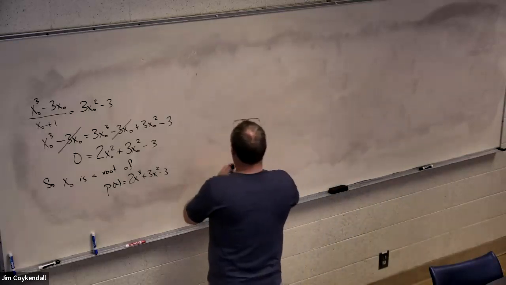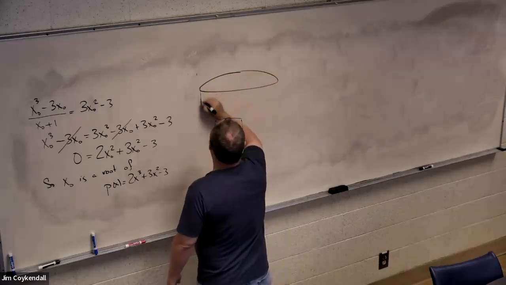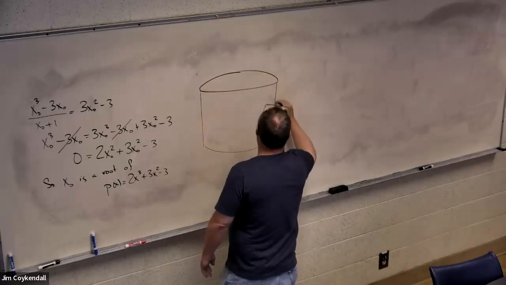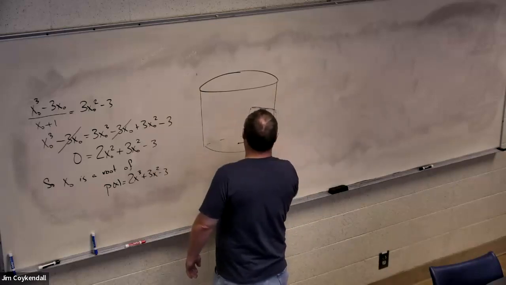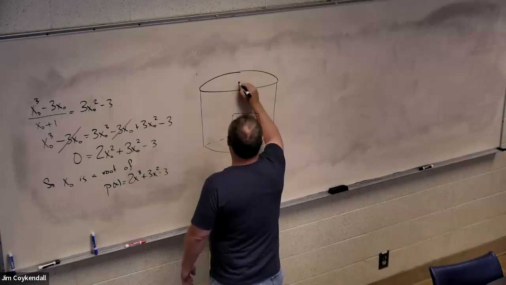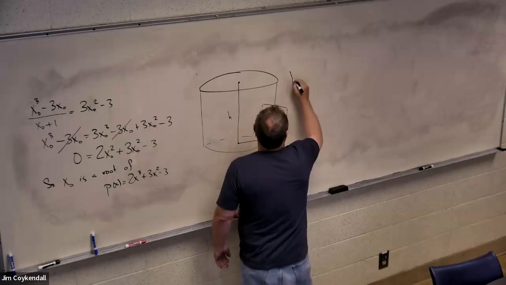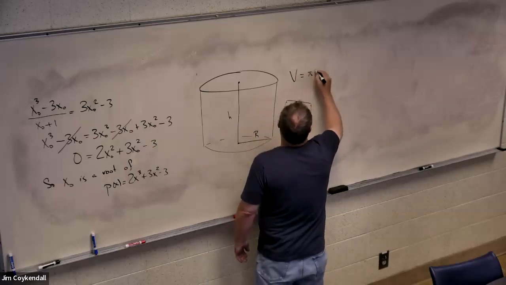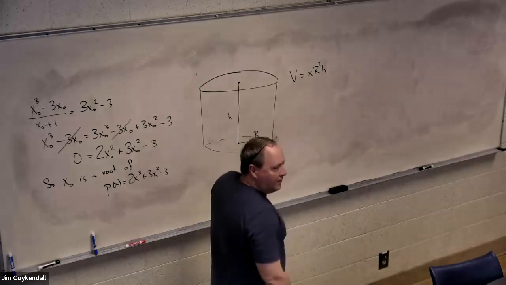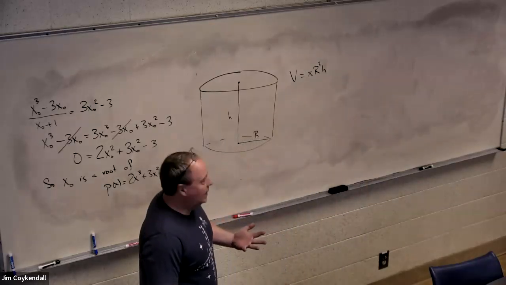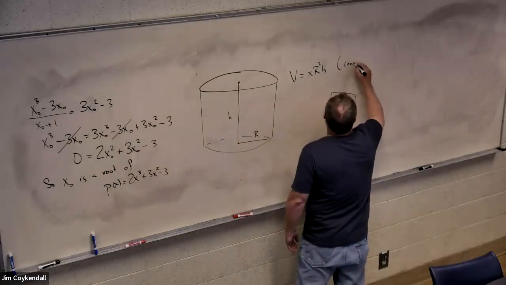So here you have a can with some radius R and height H. The volume of the can is based on the height, right? And this volume is constant.